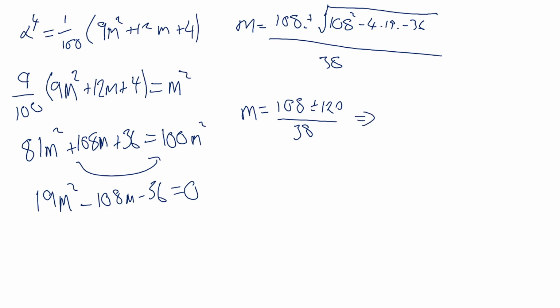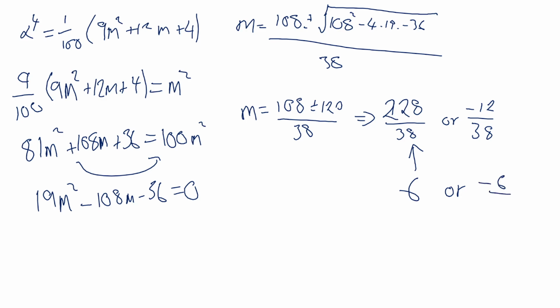So when we find our two values of m, we have 228 over 38, or we have minus 12 over 38. Conveniently, the first value of m simplifies down to 6, and the other one just becomes minus 6 over 19. And those are our two solutions.